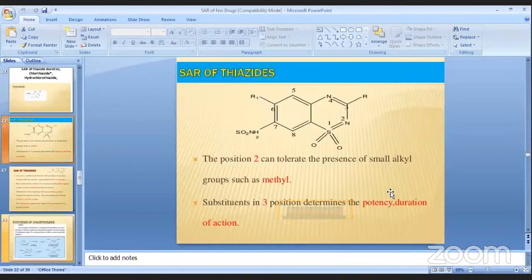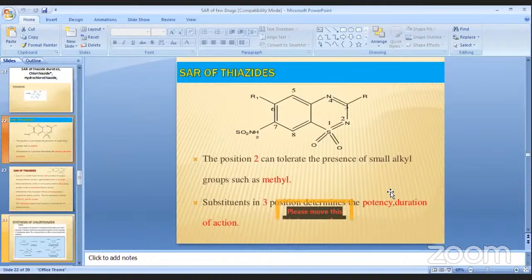So while doing SAR of this type of compound, you have to note down some important points. In one position, you see a sulfoxide group is there. If you want to change this sulfoxide group by another type of oxygen or any type of carbon, or you can change nitrogen, activity will be reduced.